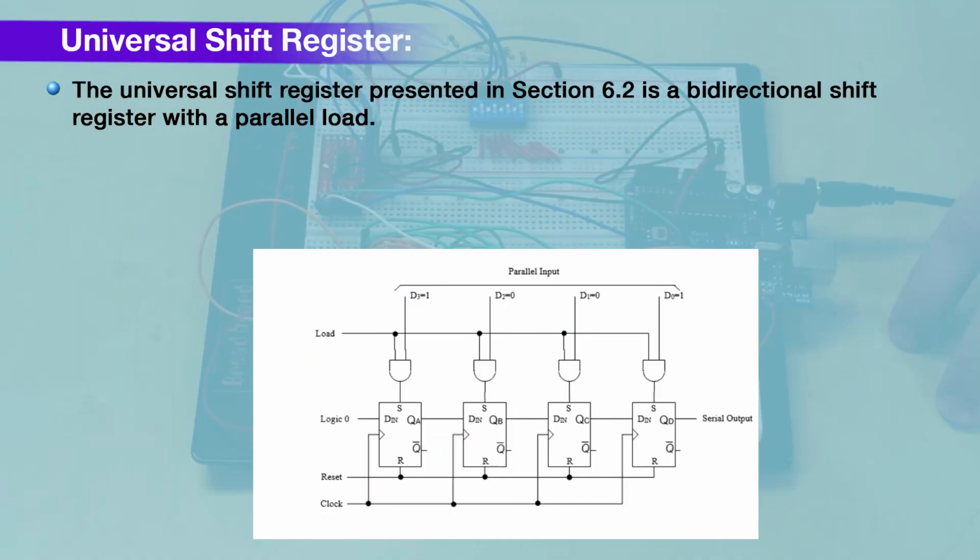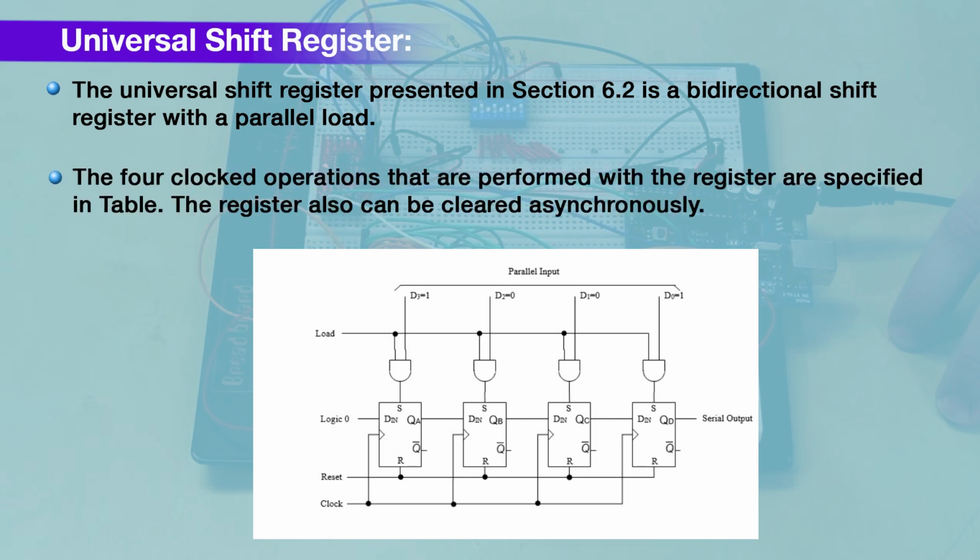In this chapter, we will discuss the working of both serial-in parallel-out and parallel-in serial-out registers by the universal shift register. The universal shift register presented in this section is a bidirectional shift register with a parallel load.